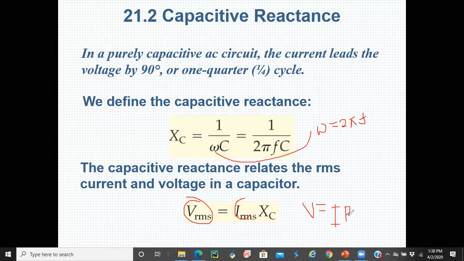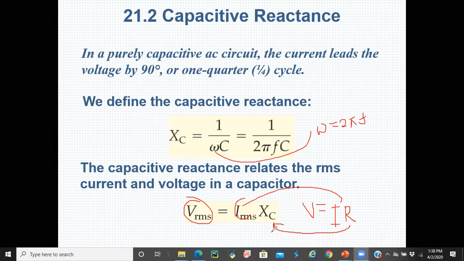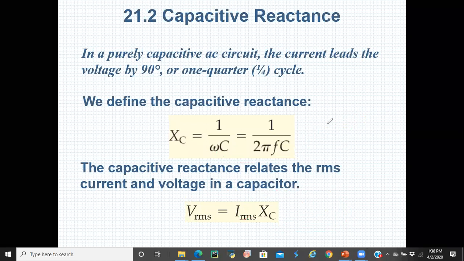So the current is the equivalent current, and X, the reactance, is equivalent to resistance in Ohm's law. Let me clear everything and then we can move forward.